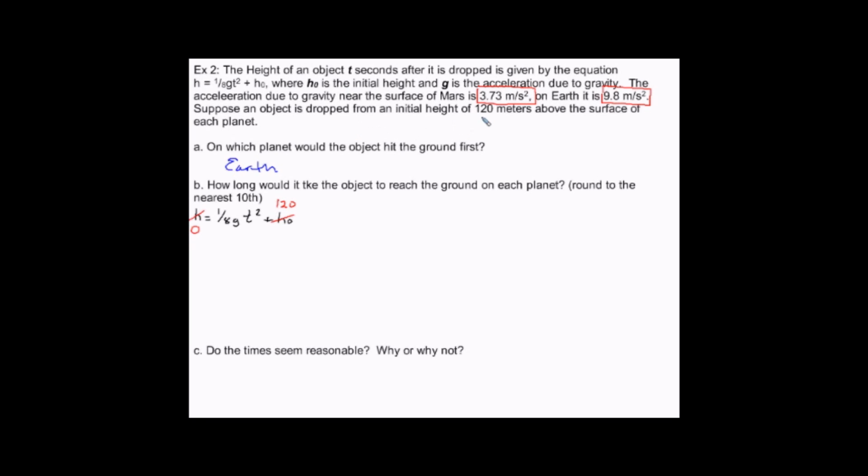So I'm going to go to another sheet of paper just to make this easier, to have more room. And I'm going to set this up. So I've got 1/8 of gravity. Now gravity on Mars, let's do Mars first. 1/8 of the gravity. The gravity on Mars is 3.73 meters per second squared.